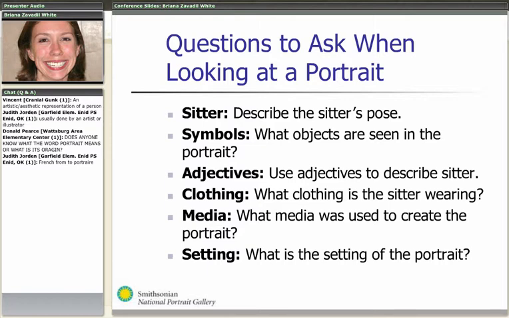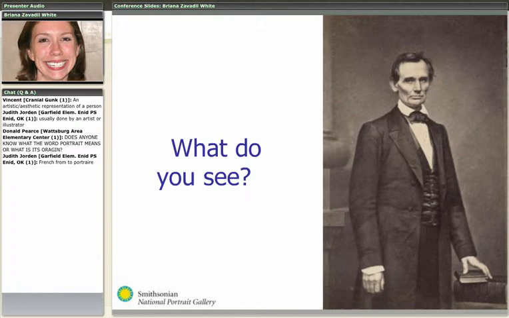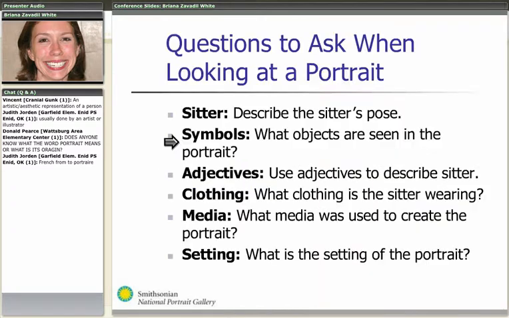So for instance, in the Matthew Brady piece that we looked at on the previous page, there was the column and there was the book. It's great to be able to reference those when looking at a portrait for when we later start to analyze the portrait.